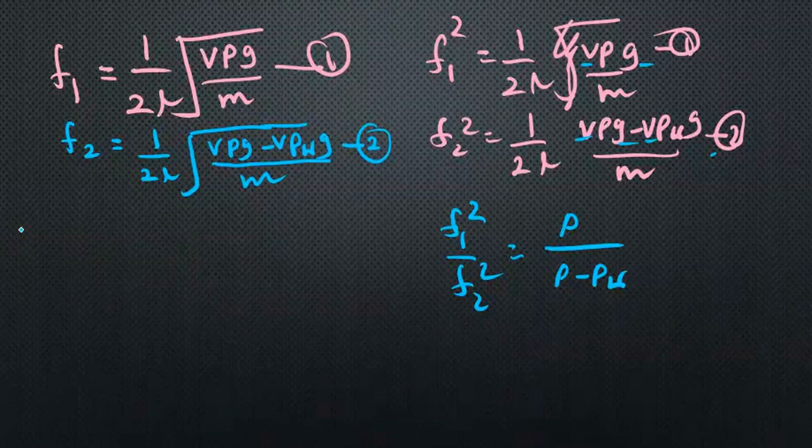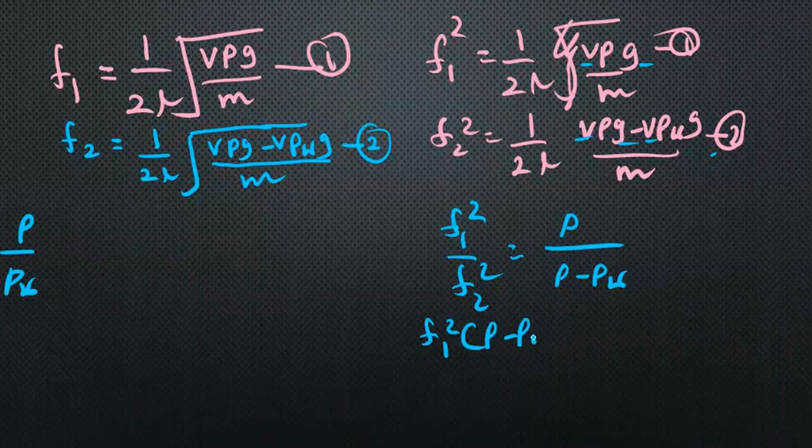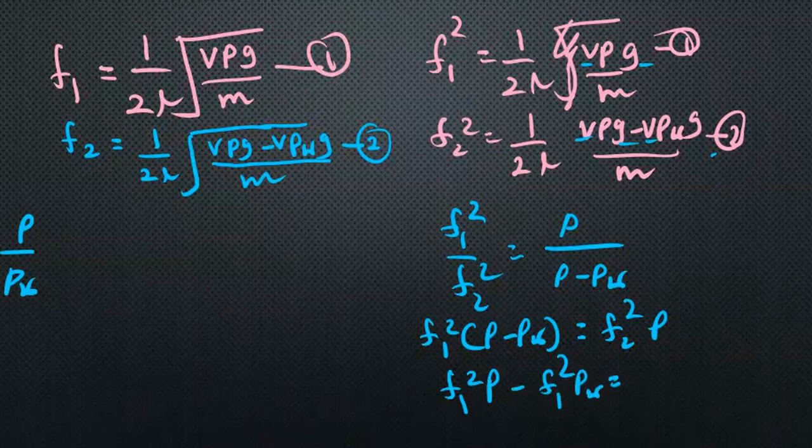Our plan is to find rho divided by rho W. So let's do the cross multiplication. I'm getting F1 squared into rho minus rho W equals F2 squared rho. I'll remove the bracket: F1 squared rho minus F1 squared rho W equals F2 squared rho. So I can get rho to one side and rho W to the other side.